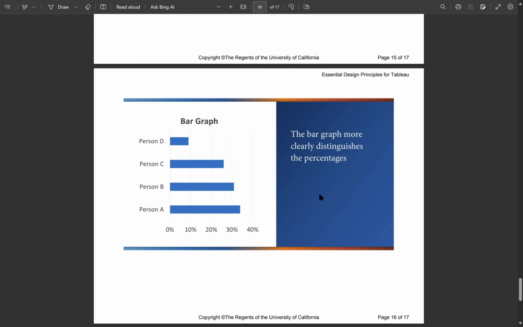But if we look at this one, the bar seems to be really evident and shows the difference between percentages without needing a percentage sign. Therefore, this is a better graph than the pie chart.